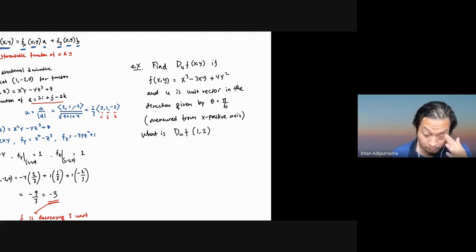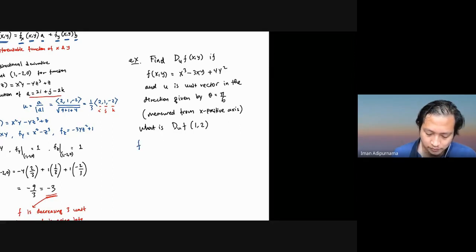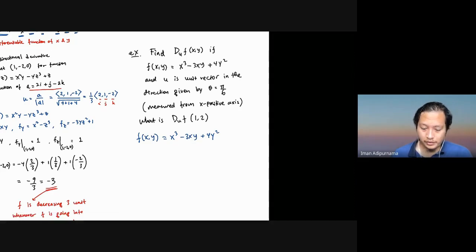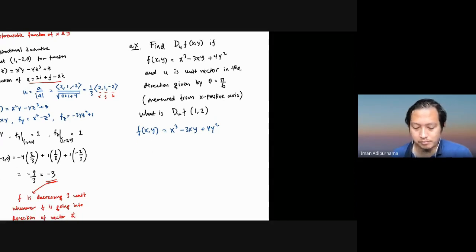Okay, so based on this example, we can start with the partials first. So write the equation. Whenever you find this directional derivative, although maybe you don't understand the whole question at first, you can just do the differentiations.